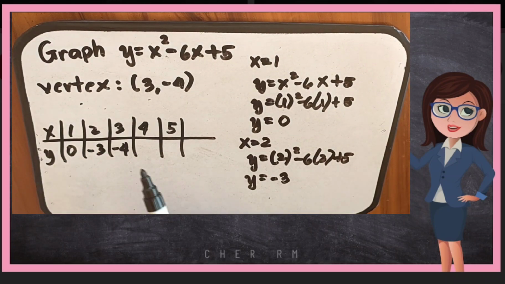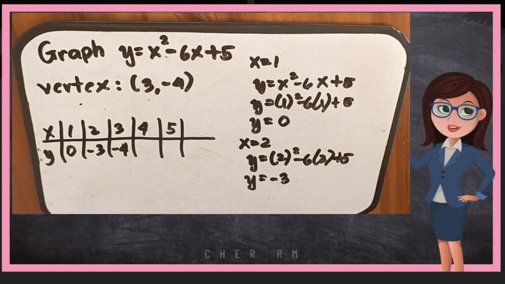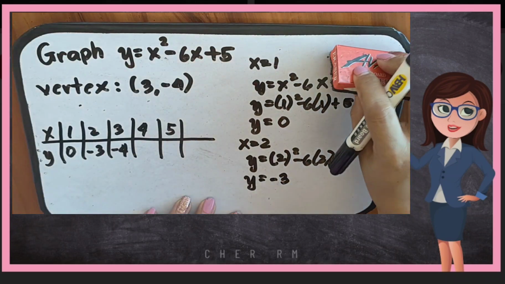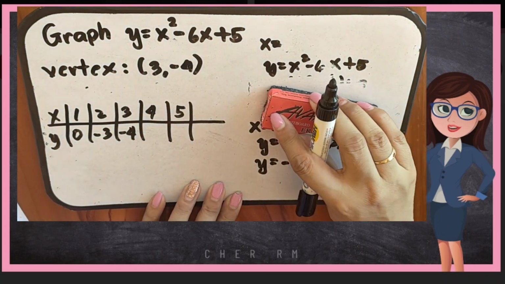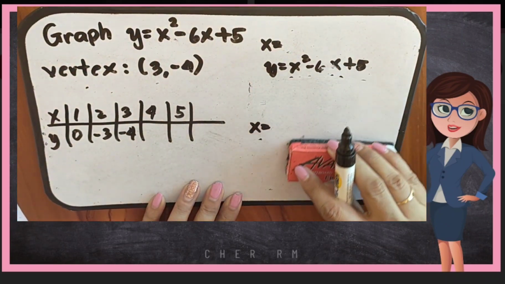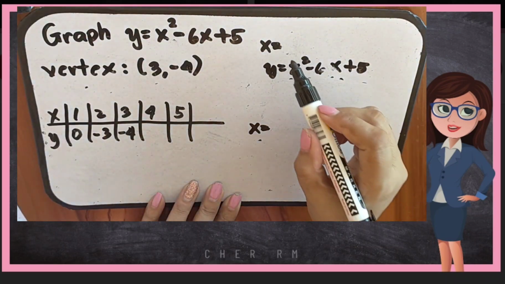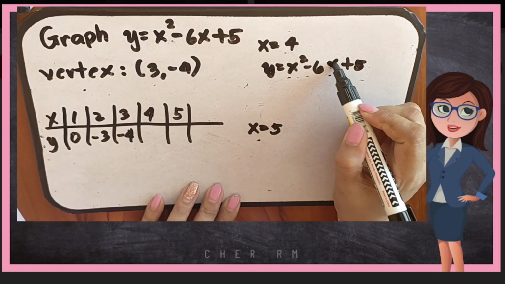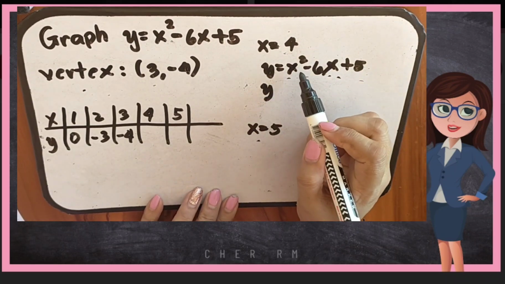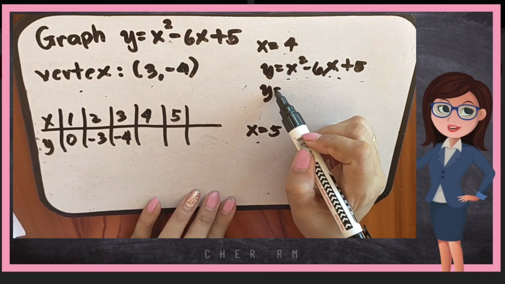Then again, we have x equal to 4, and another one is x equal to 5. So we change the x value into 4.